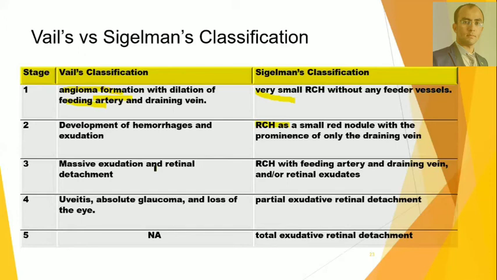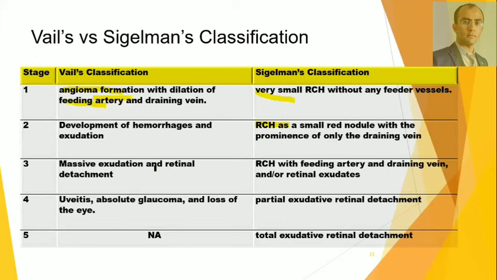But there are some limitations not taken into account by these classification methods. For example, the last 2 stages of Singelmann's system correspond to stage 3 of the Wells classification, but Singelmann's classification does not take into account the complications and advanced ocular disease caused by VHL.